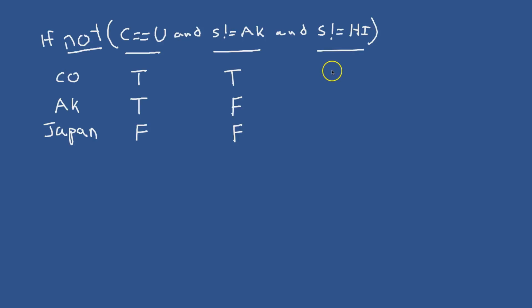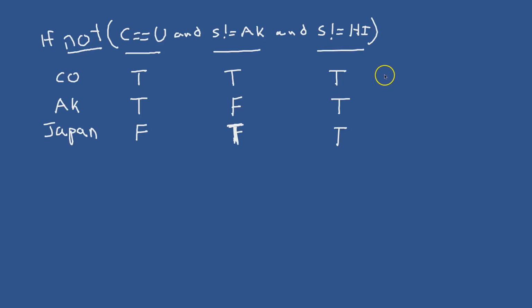Well, Colorado is not Hawaii. That is true. Alaska is not Hawaii. That is also true. And Japan is not Hawaii. So this really is true, isn't it? Sorry, I messed that one up, because Japan is definitely not Alaska.